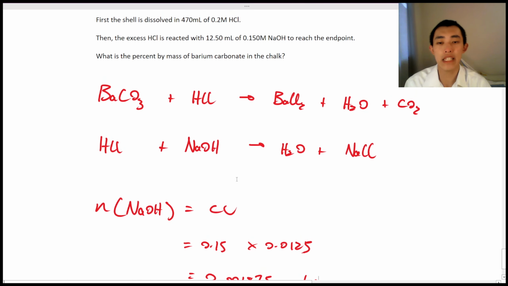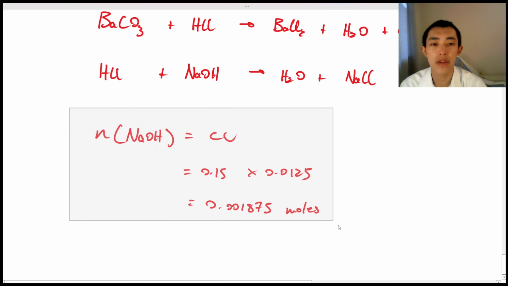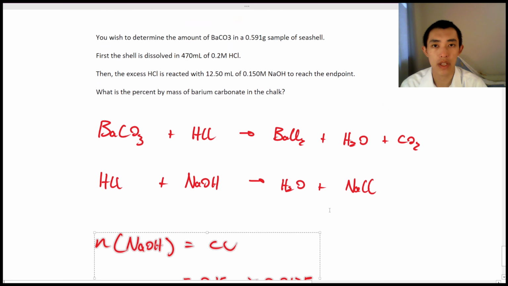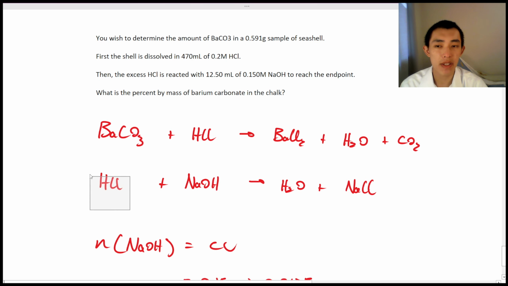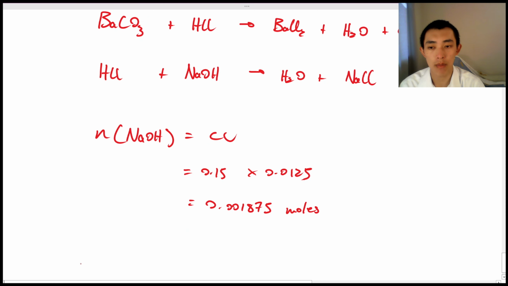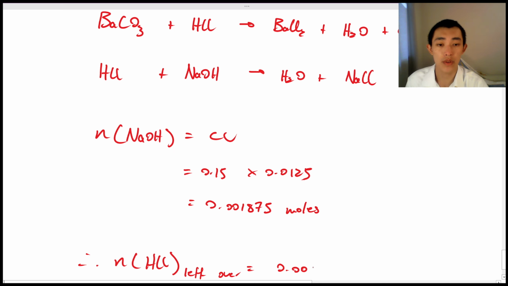Let's have a think about this. The number of moles of sodium hydroxide that we actually used must be the same as the moles of HCl left over, because it's the moles of HCl left over that will be reacting with our sodium hydroxide.